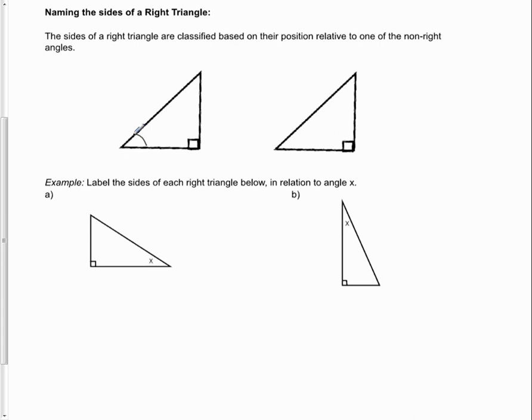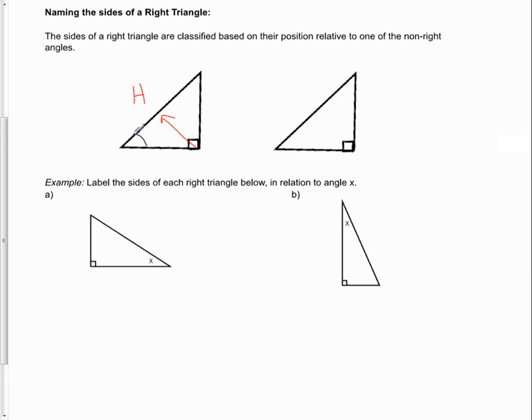We can identify three sides. One is called the hypotenuse, and we already know that from our Pythagorean theorem. I'm going to label that as H. So H represents the hypotenuse.